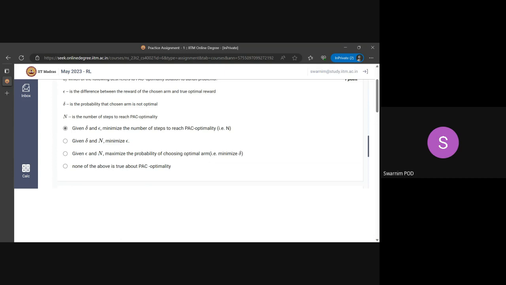This statement seems to be correct. Does this make sense? Any questions regarding this? This is basically the definition of PAC.